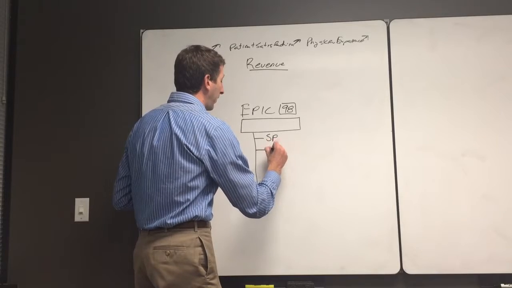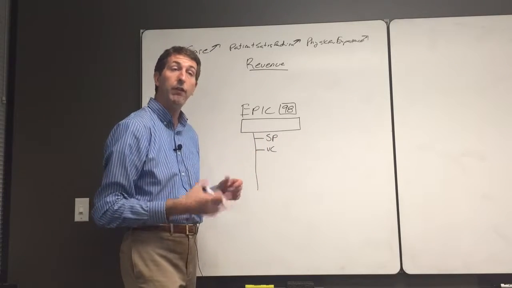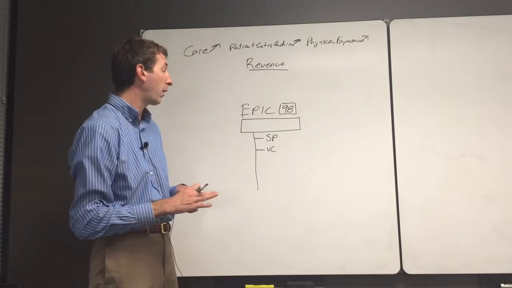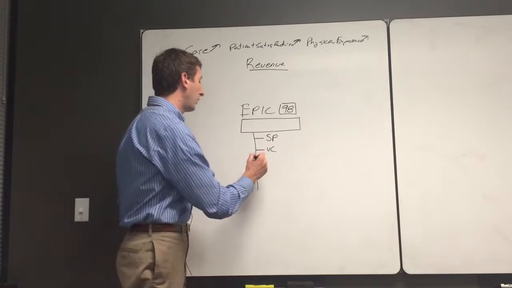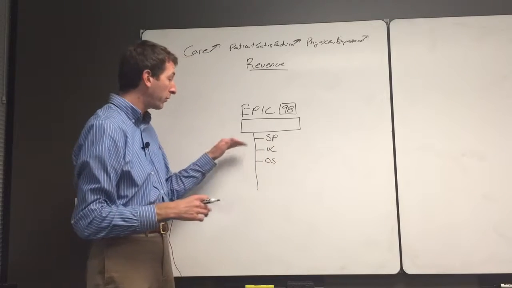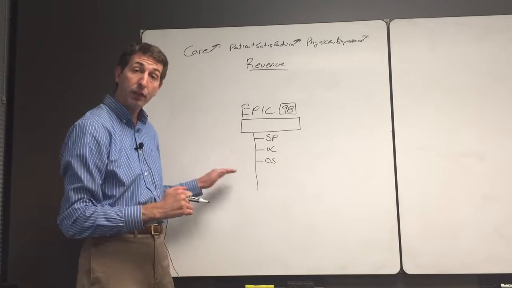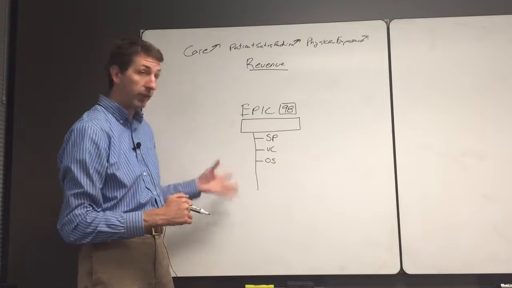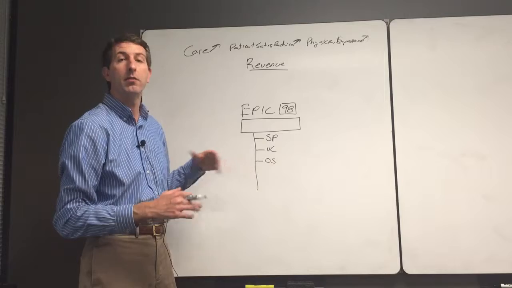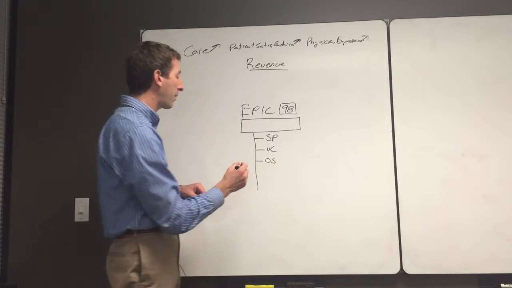Since most Epic environments are heavily virtualized, Virtual Center is another great performance data repository for understanding the health and well-being of Epic. Likewise, within individual virtual machines and other physical systems that exist in the Epic configuration, the operating system is another wealth of performance data, generally more specific to the operating system.